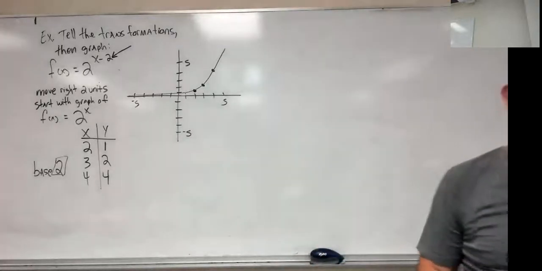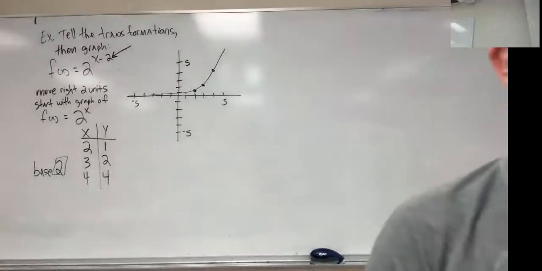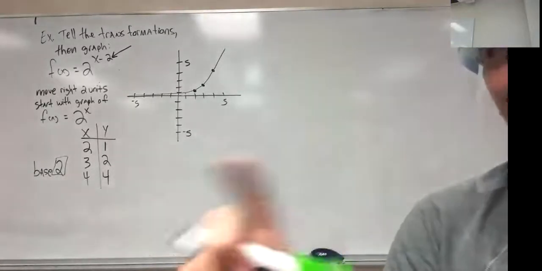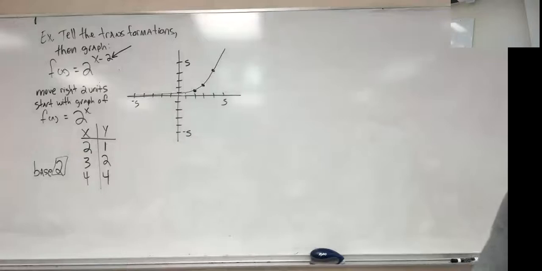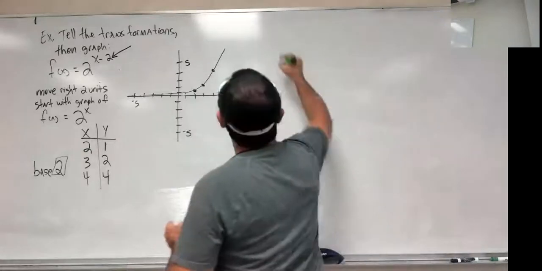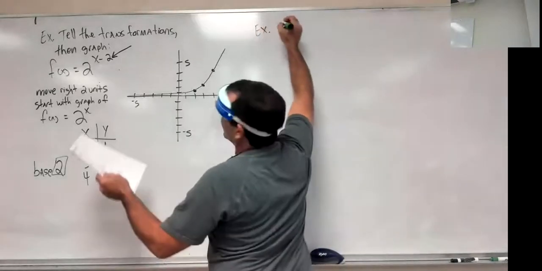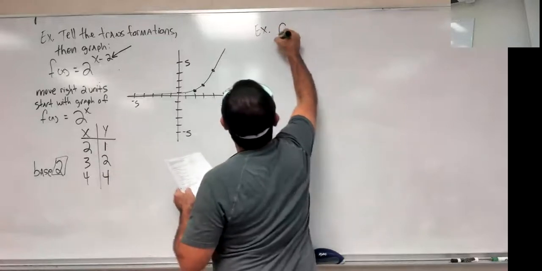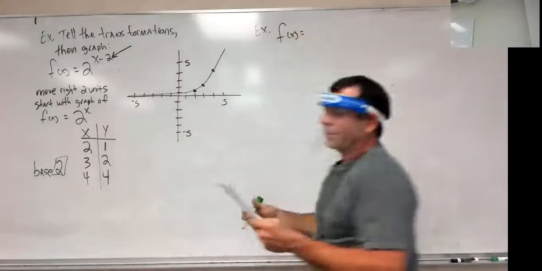Well, they're not too bad to graph, it's just keeping up with their moves, all right? All right, same thing, this time I got f of x. Let me get a good one.